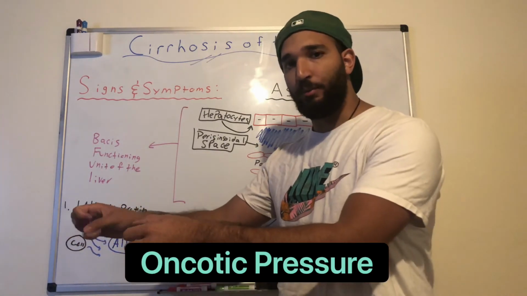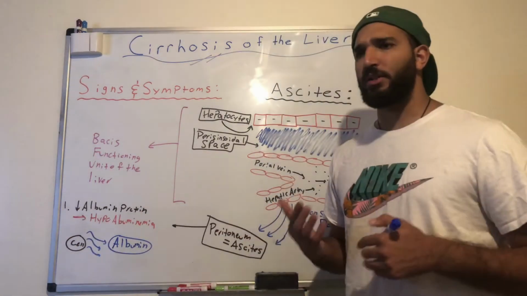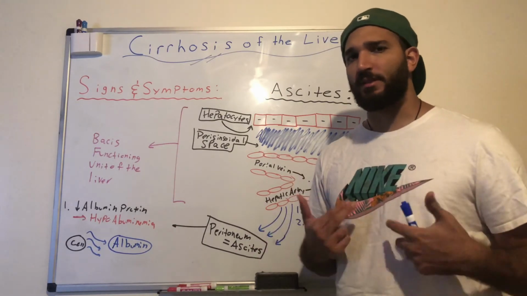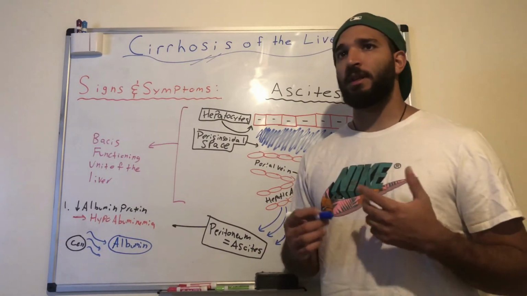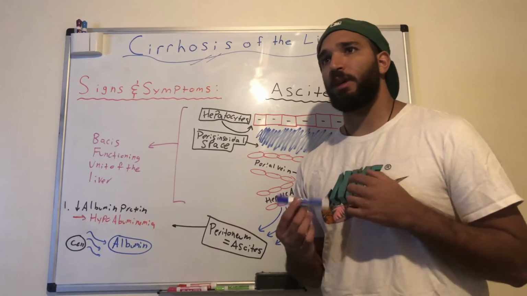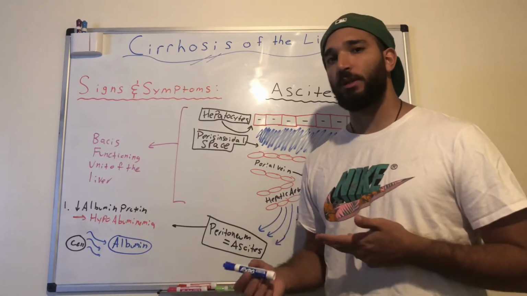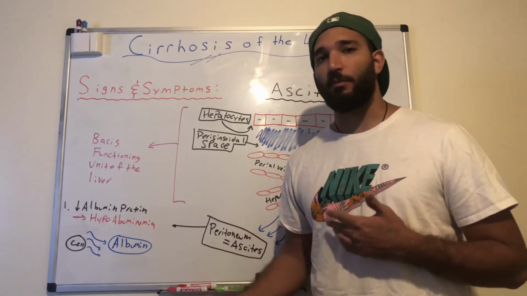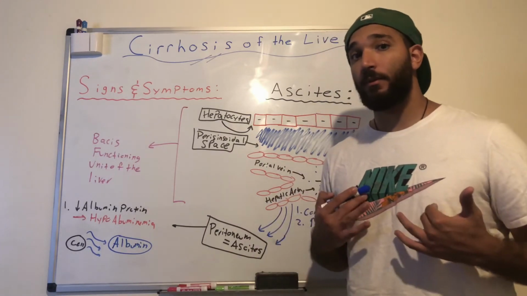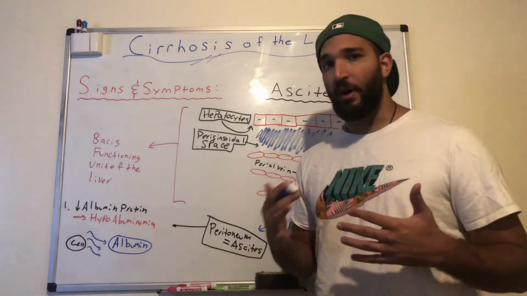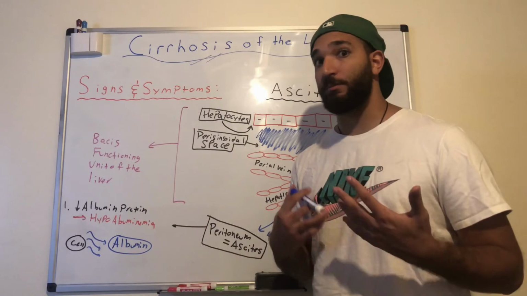It pulls fluid into the vessels from the cells. After the patient gets a paracentesis, they typically give a concentrated amount of albumin to replace the protein that the liver cannot make. It's just to help keep the liver functioning as much as possible.